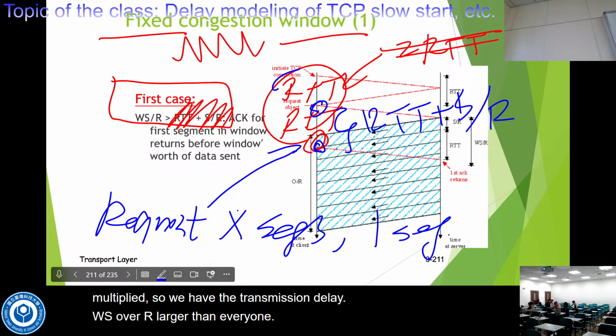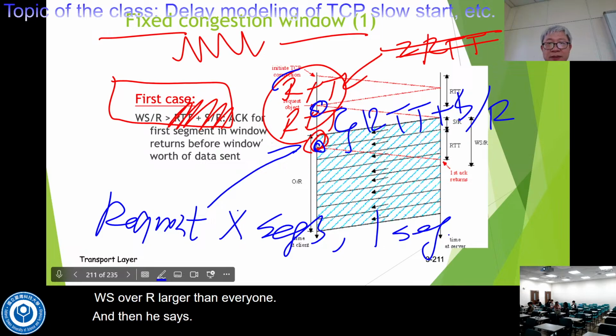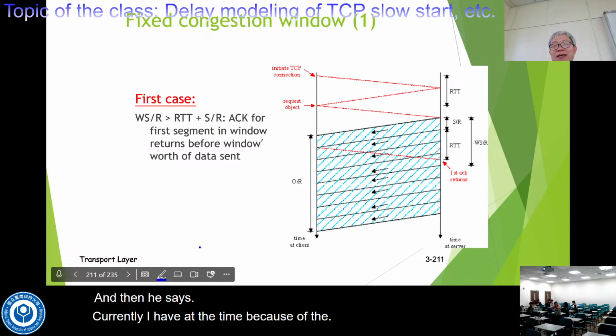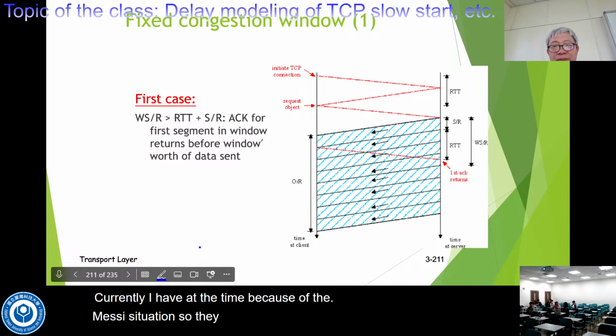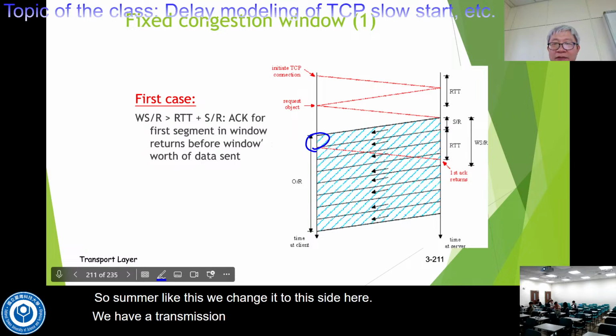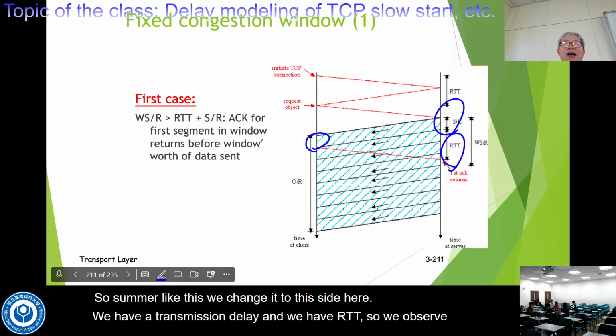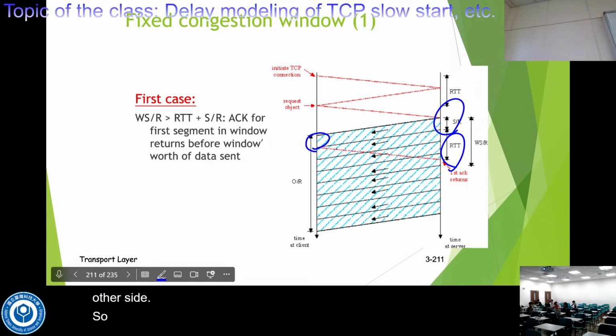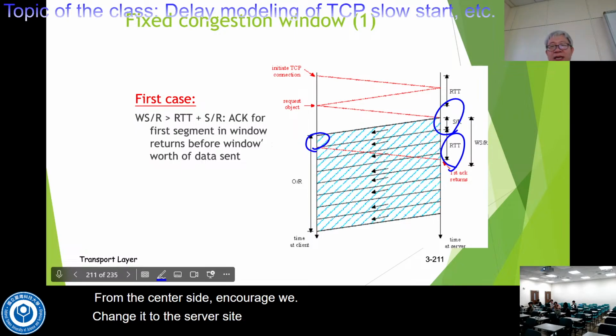Currently I have the messy situation, so let me remove it. We change it to this side: here we have a transmission delay and we have RTT, so we observe it from the other side. Previously we had the time from the sender side, and currently we change it to the server side.